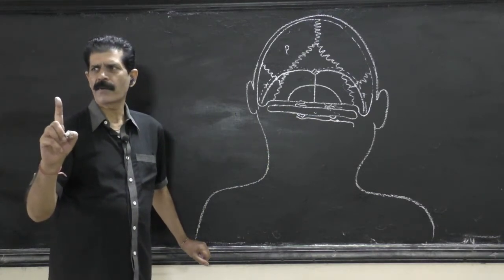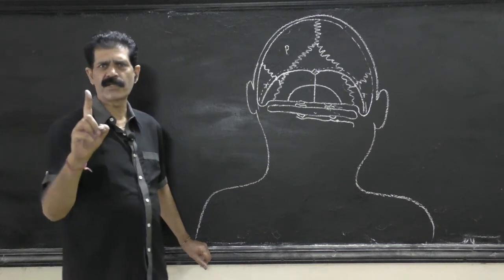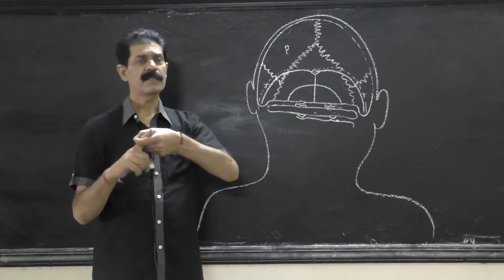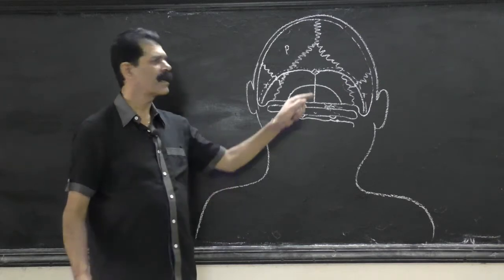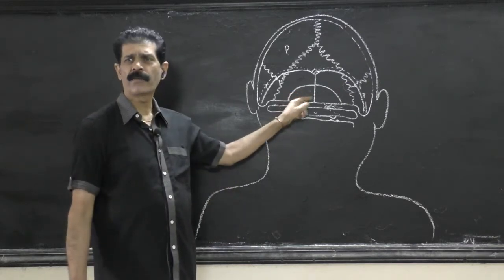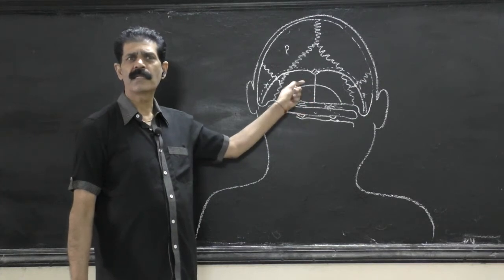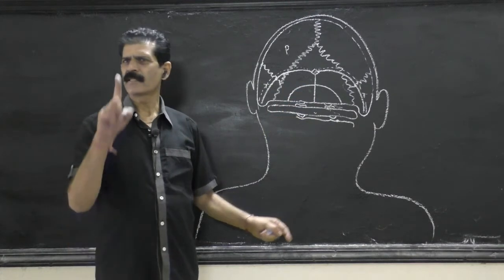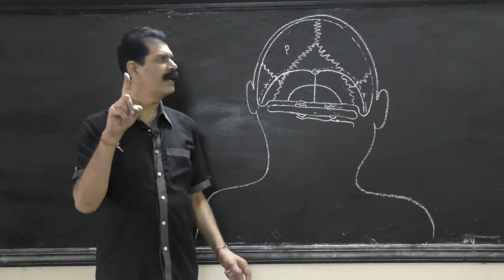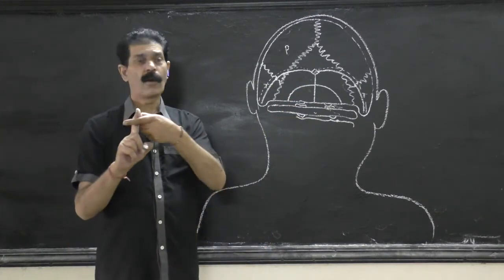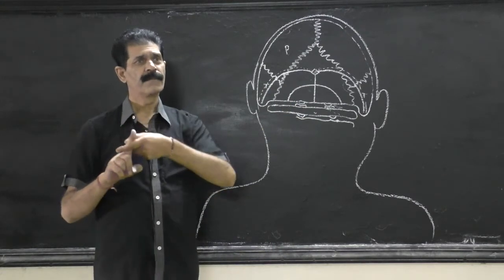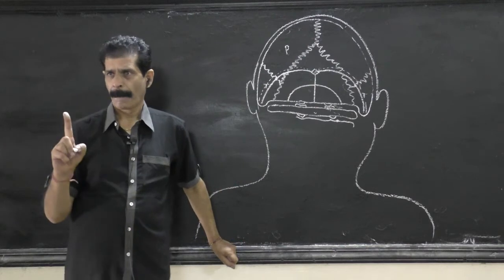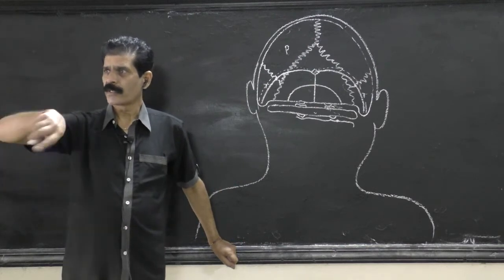So the odontoid process, the dens of the axis, remains stationary, around which the atlas moves, and the atlas is connected to the foramen magnum, and the foramen magnum is connected to the skull. So the whole skull moves like this. So here the dens is stationary and the skull is moving along with the atlas. That is why it is called the pivot. Pivot means one thing is fixed and the other is moving around it.